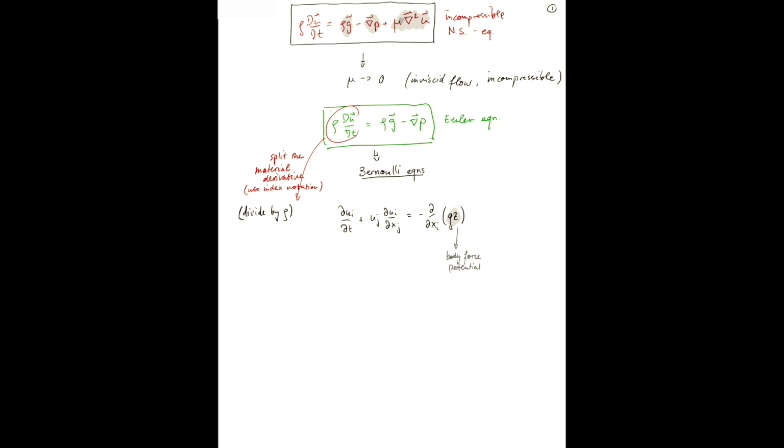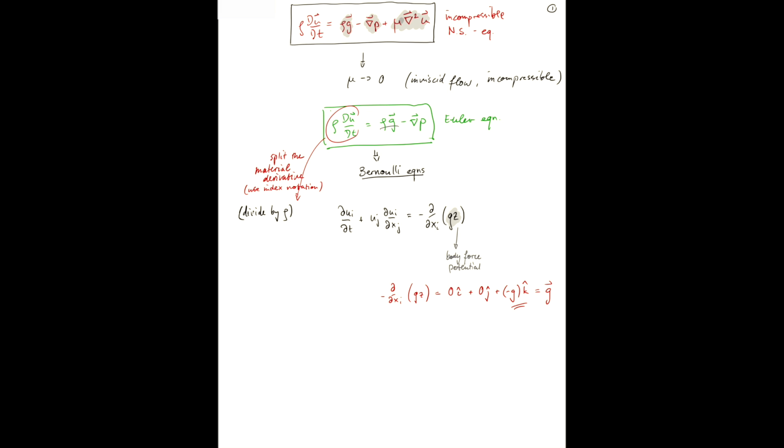Why is this equivalent to the form up here? Well, you can think of it as if we take d by dxi of gz, so that is 0 in the x direction, which I'm denoting by the i unit vector here, plus 0 in the j direction, plus minus g in the k direction. And this thing here is simply the g vector.